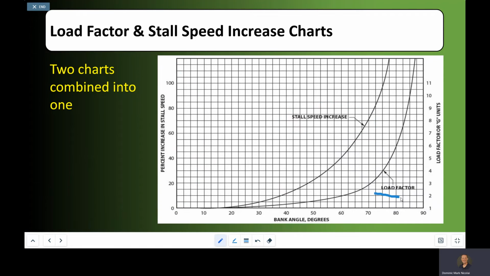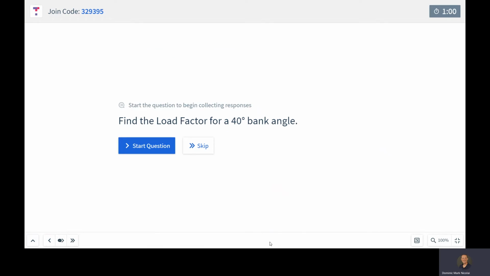If you're dealing with load factor, your scaling's on the far right side, and your origin point starts at 1G. Again, you find your bank angle, you go up to the appropriate line, go over to your scale. Very straightforward chart. So let's try a top hat question here. Find the load factor for a 40-degree bank angle.